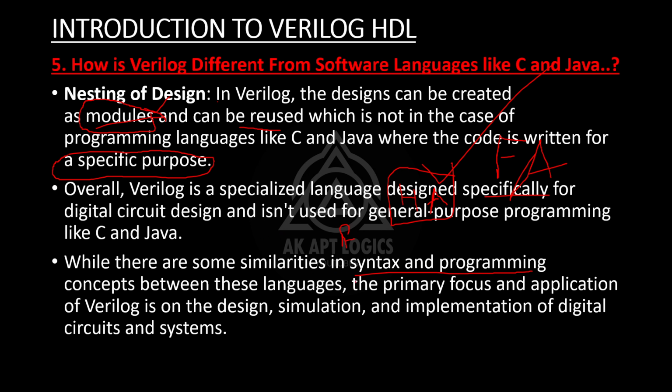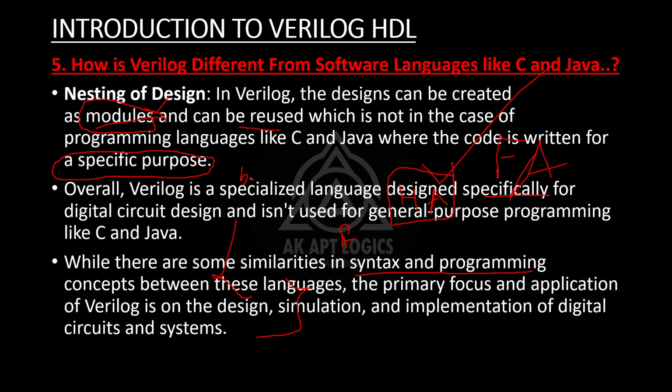Verilog is quite similar to C. It means in Verilog, behavioral modeling is quite similar to C. The only difference is that instead of curly braces for the blocks, we use begin and end.